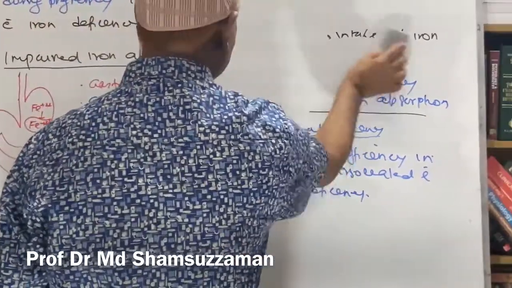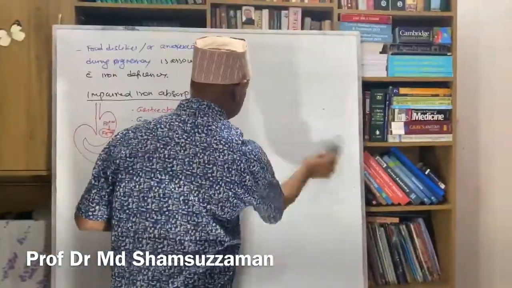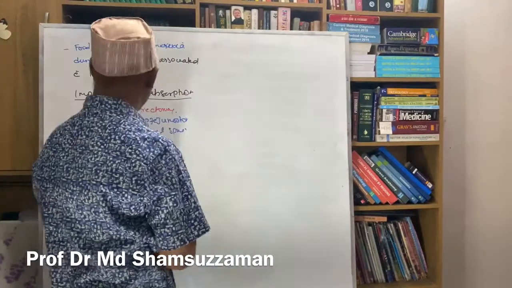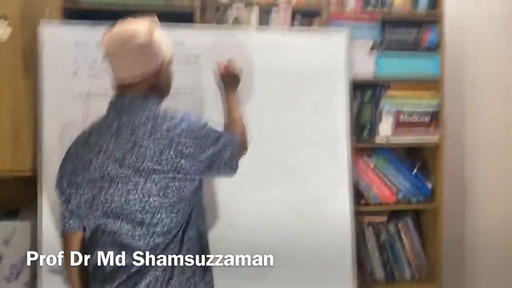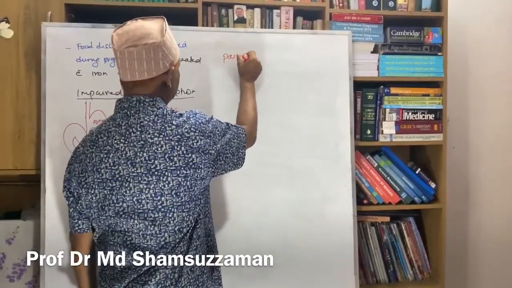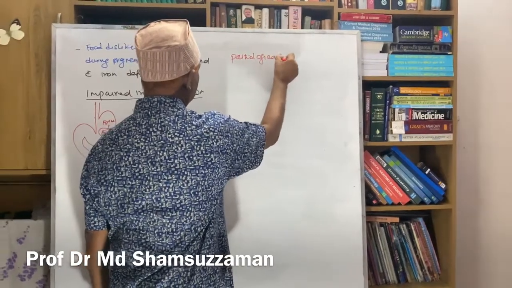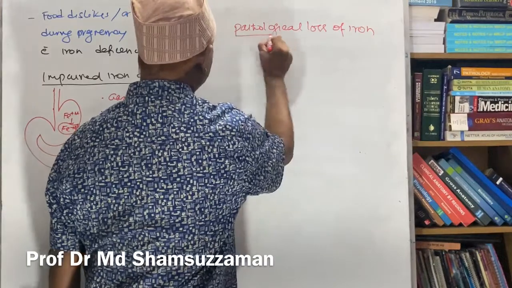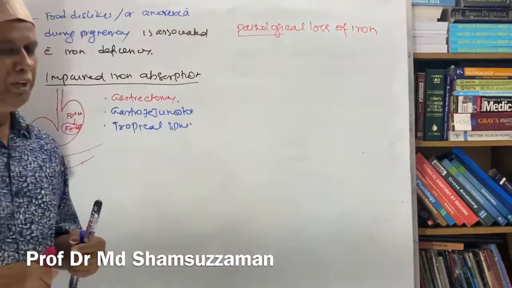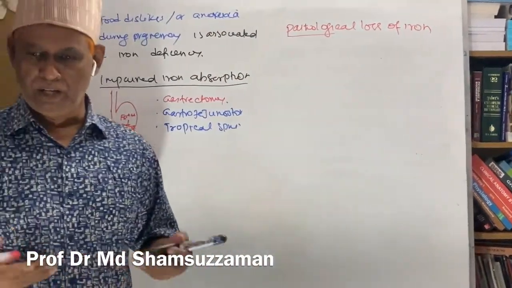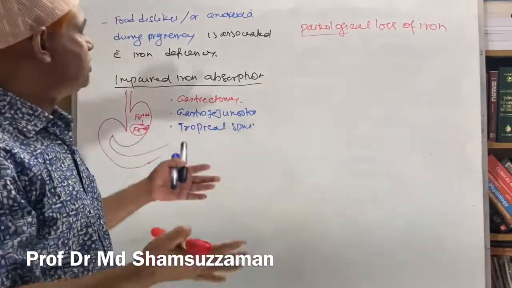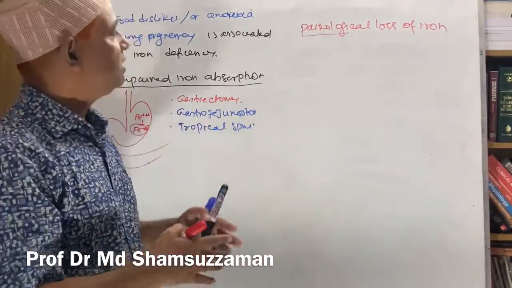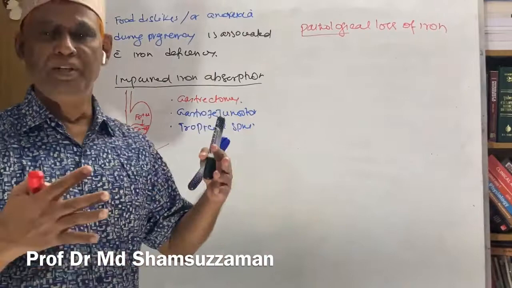Now come to pathological loss of iron. What does it mean? It means the individual is taking sufficient iron. There is sufficient iron within the body, but there are some pathologies, some diseases.